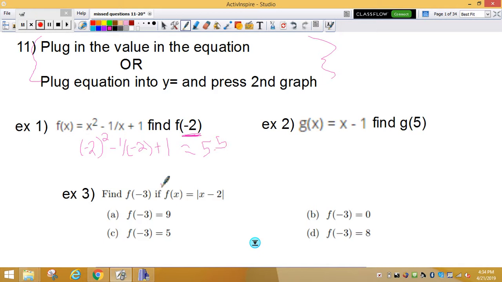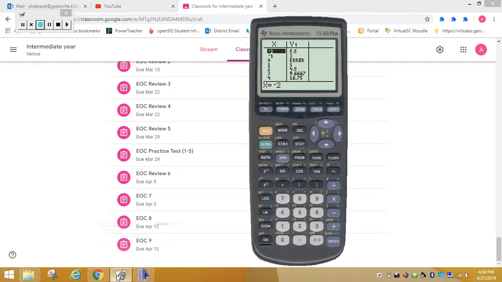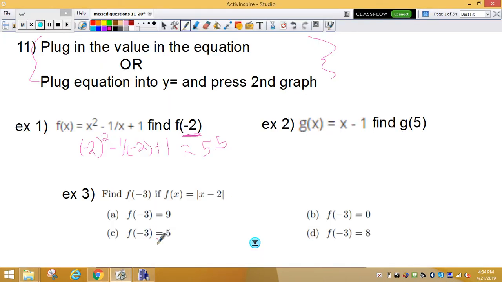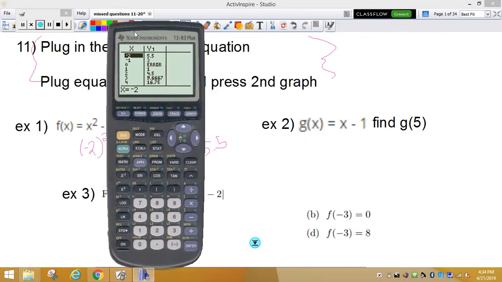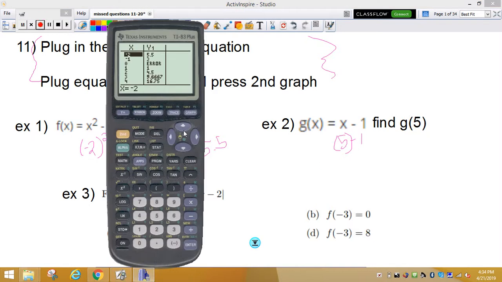All right, if you need to pause it to write down example 2, go ahead and do that. So again, we are plugging in 5. So I would plug in a 5 minus 1. Now, I didn't put this one in parentheses because it's not a negative. You could. There'd be nothing wrong with that. So when in doubt, use parentheses.